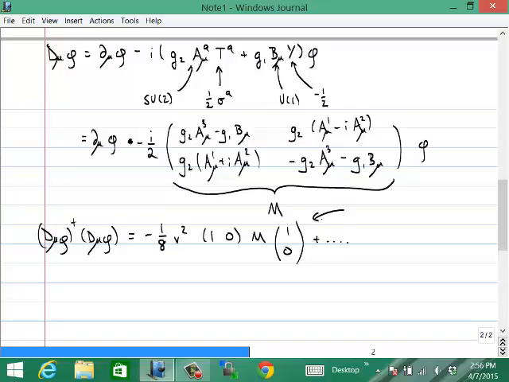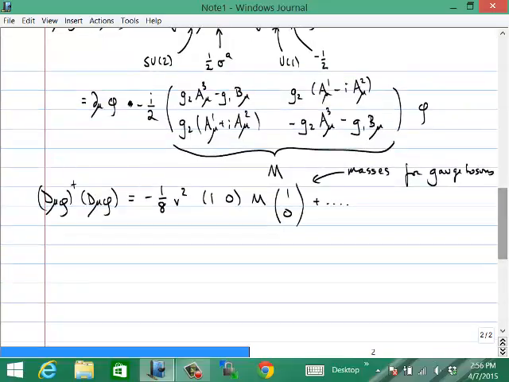And this is the thing that gives you the masses for the gauge bosons. This is just the Higgs mechanism. And what we need to do now is diagonalize this mass matrix. Any questions so far? Right now I'm just working out an example of the Higgs mechanism as we had introduced it last class. Yes, question?